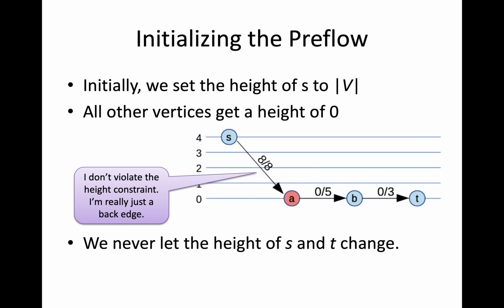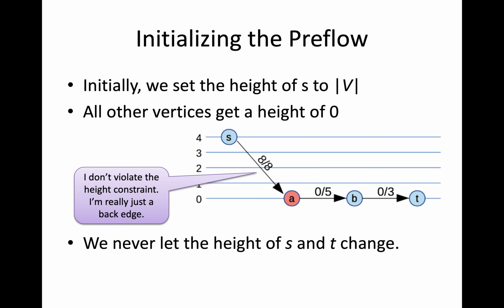So everybody starts out with a height of 0 except for the source vertex, which starts out at a height of the number of vertices. The height of S and the height of T are never going to change, but the height of every other vertex can slowly go up as the algorithm runs.